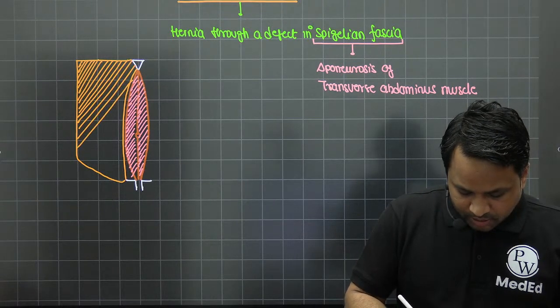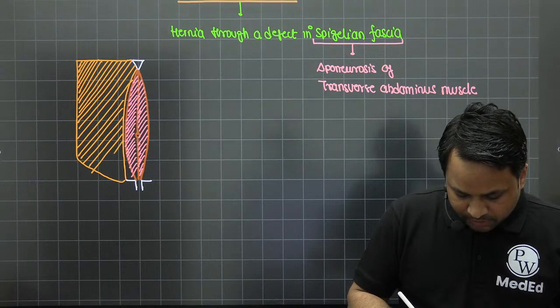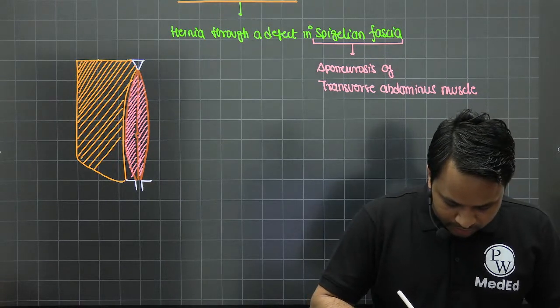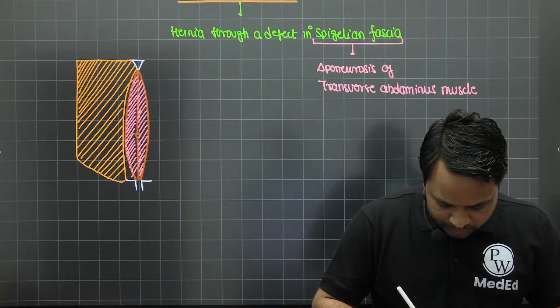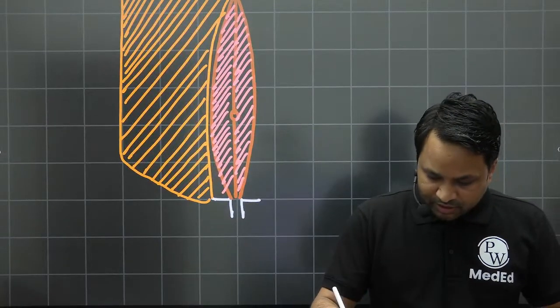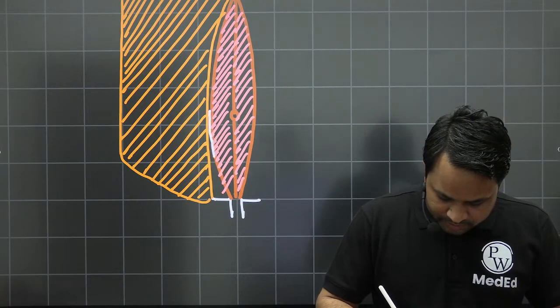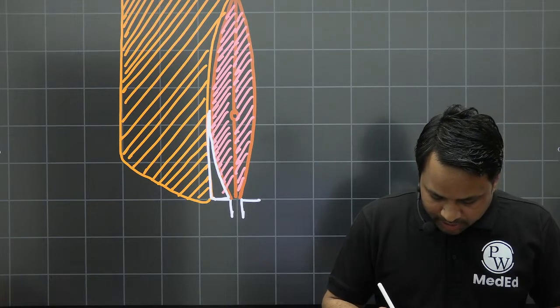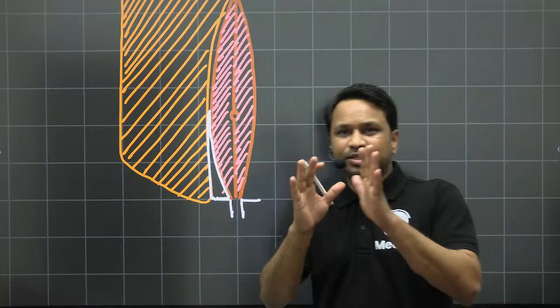Now what I want you to observe is, especially below the level of umbilicus, there is this area where you can see there is a deficit of muscle. If you take this as the level of umbilicus, this is the lateral border of the rectus abdominis muscle, this is your lateral abdominal wall muscle, and there is this area which is not covered by any muscle. So basically a small gap there.